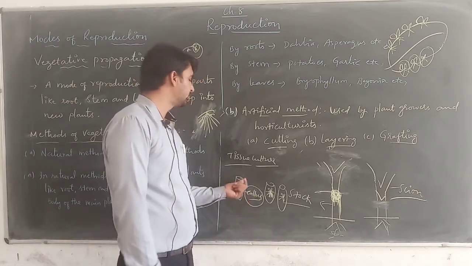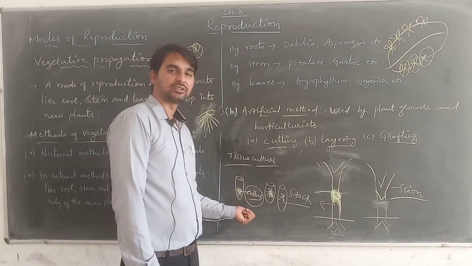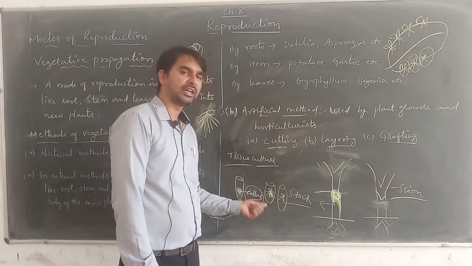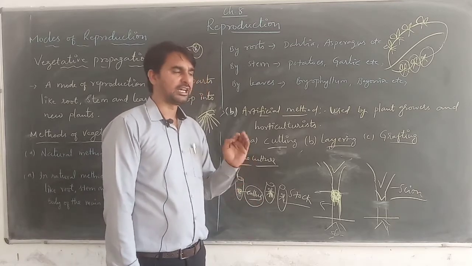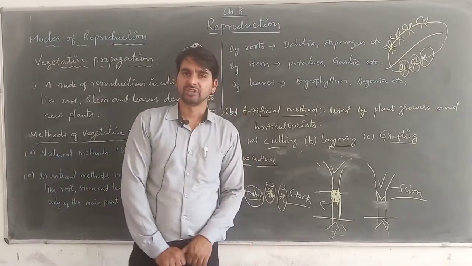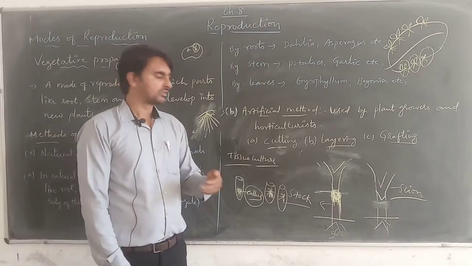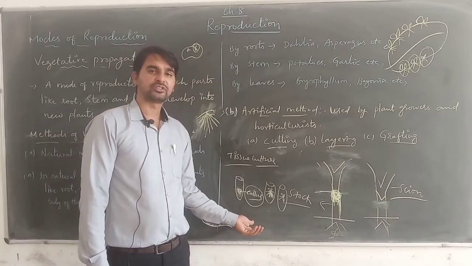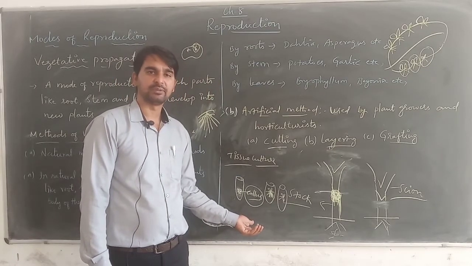So horticulturists use this advanced technique to develop plants which have very particular desired qualities which they want to supply to the people. In this way we can use the tissue culture technique for developing such plants.